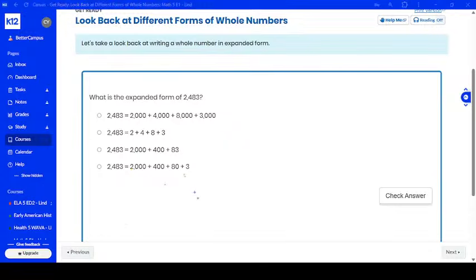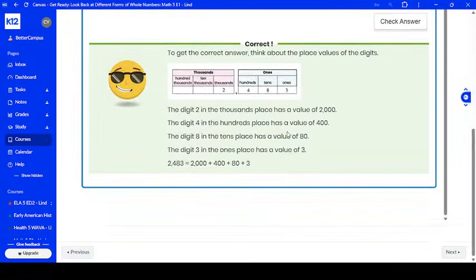You have 5 seconds to answer. 5, 4, 3, 2, 1. The answer is D. Correctamundo.